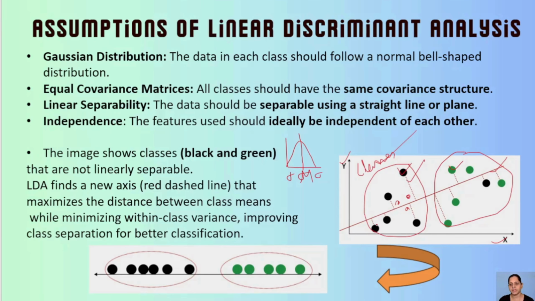If a dot is already here, then it will not do anything. The dots which are closer to this line, it will not do anything. However, the dots which are at larger distances from this line, it is going to draw nearer, putting all those dots near to this line. Similarly, the case is the same for this class.